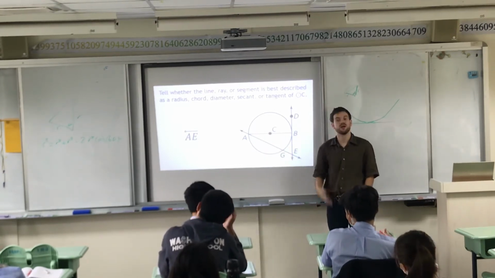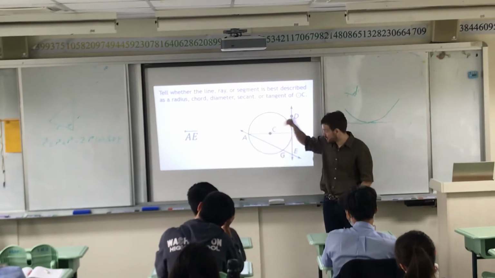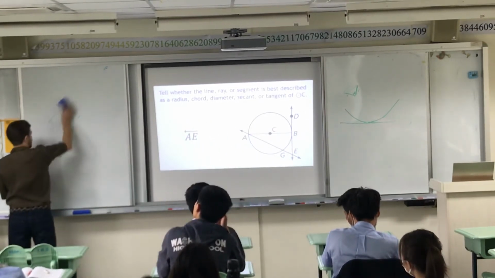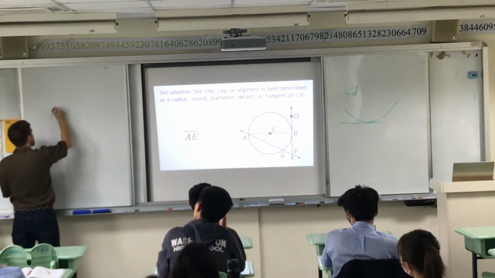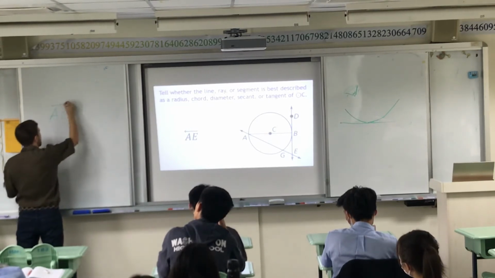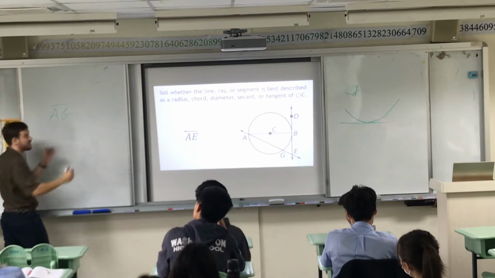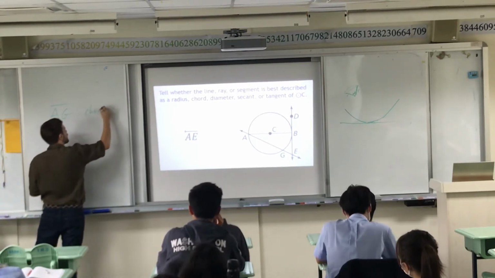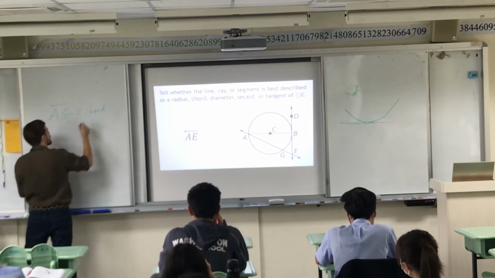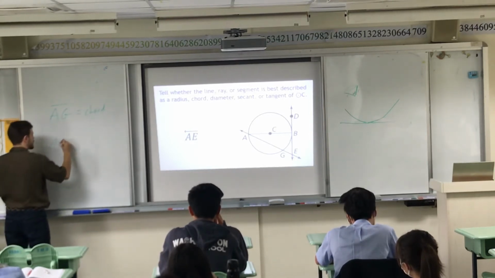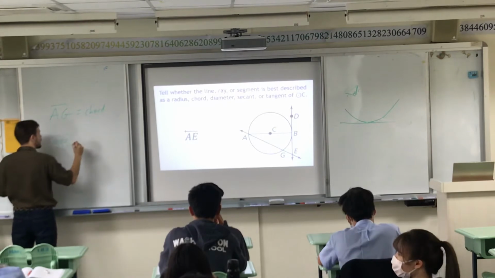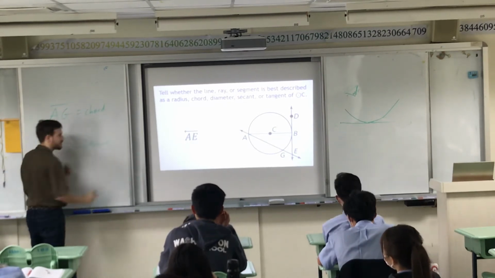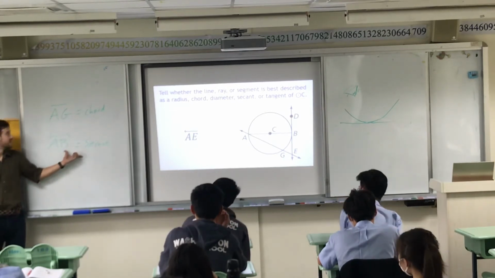A chord. Now notice the difference here. Be really careful. Line segment AG is a chord. But if I change it just a little bit, this is a secant. Do we see the difference here?